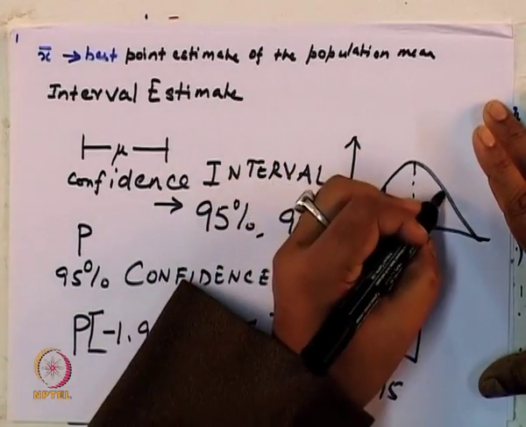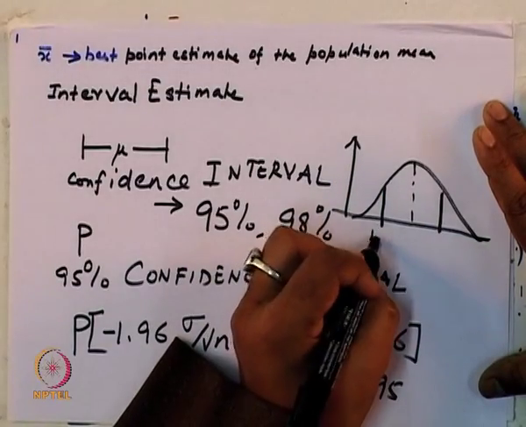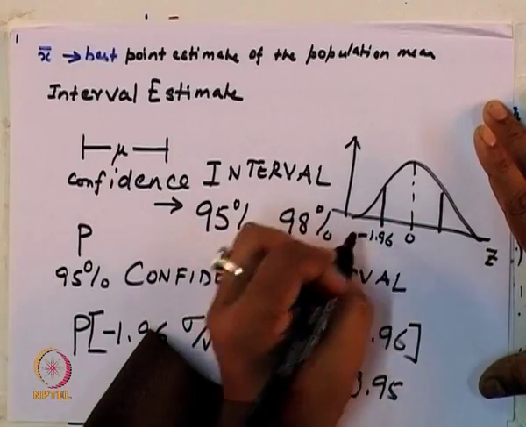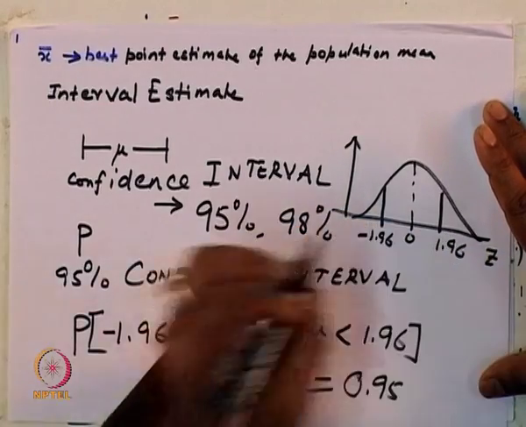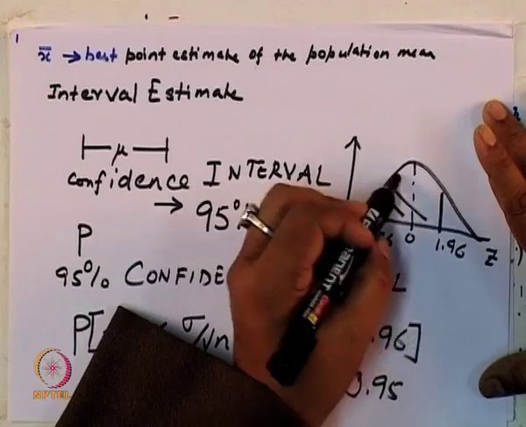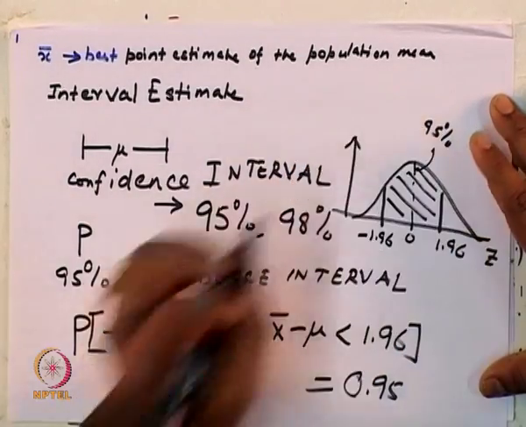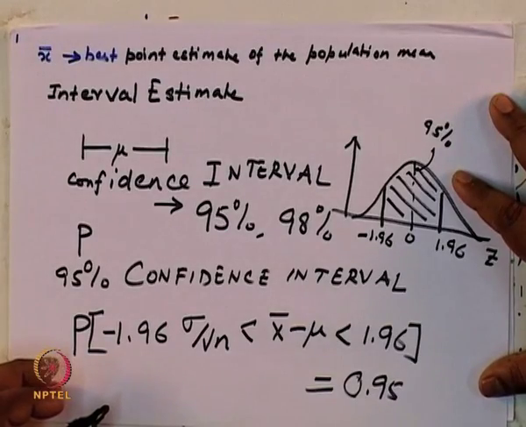So this is 1.96, this is the standard normal value. This is your 0, this is minus 1.96, this is 1.96. Within two standard deviations, this area is 95%, or will return the probability of 0.95.